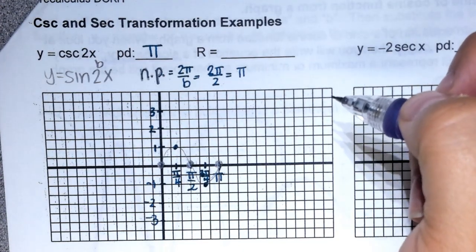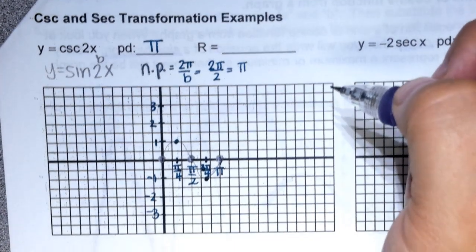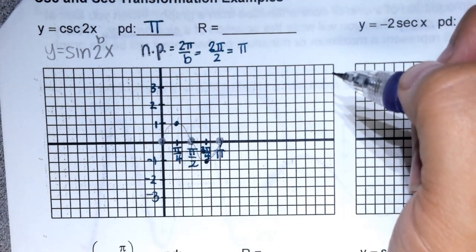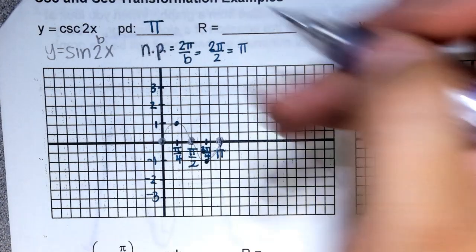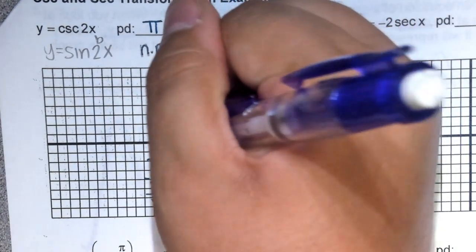So how do I graph this? What would you graph first? Asymptotes. Where? At the zeros.